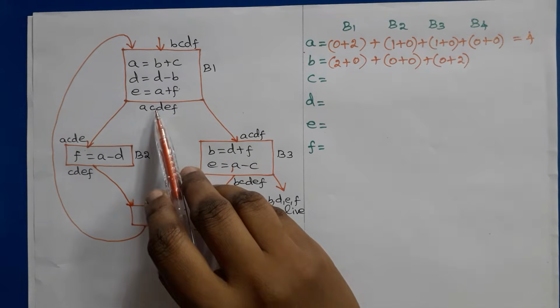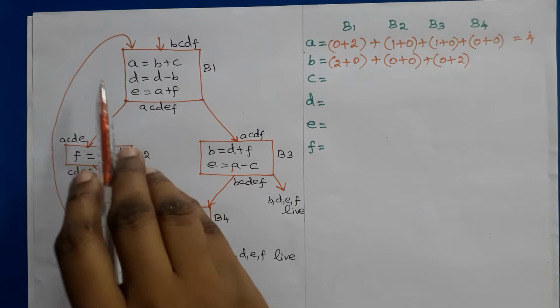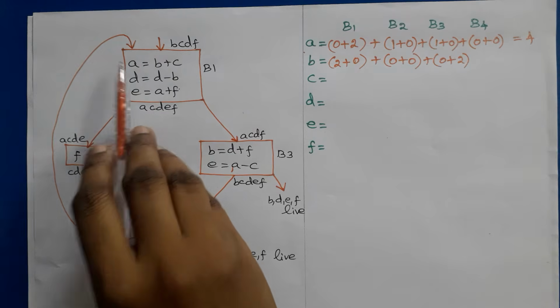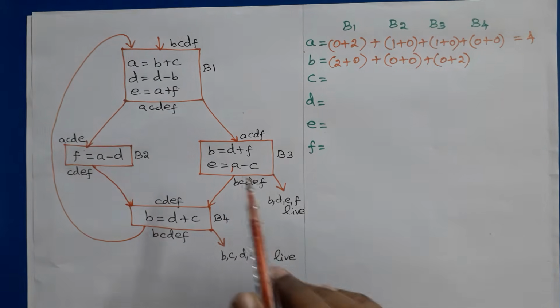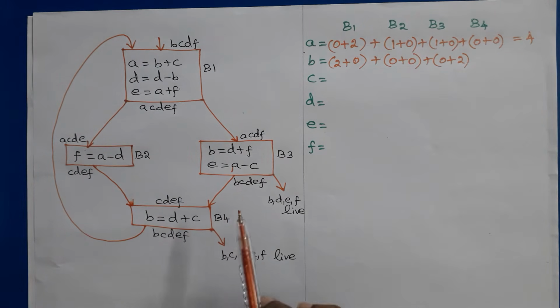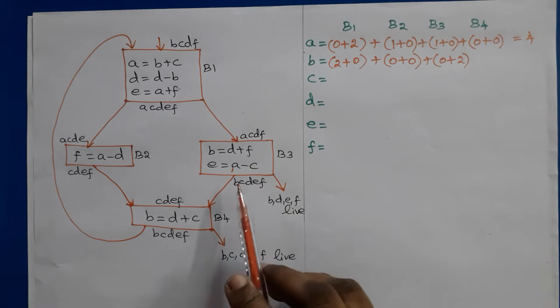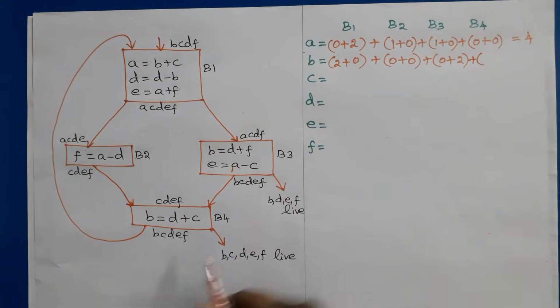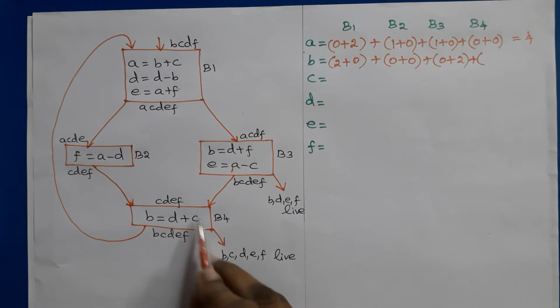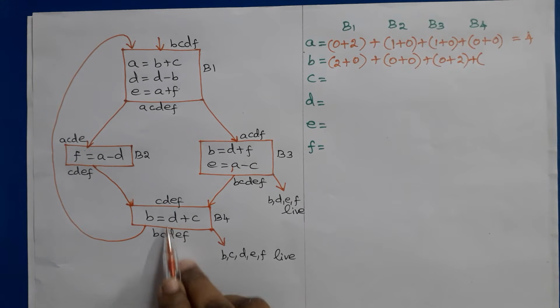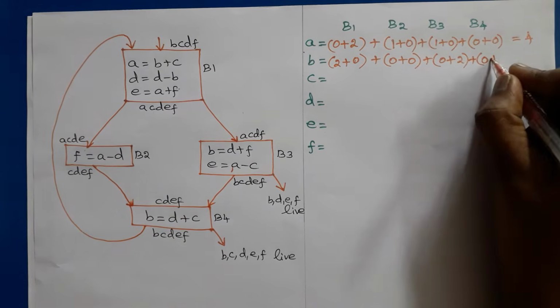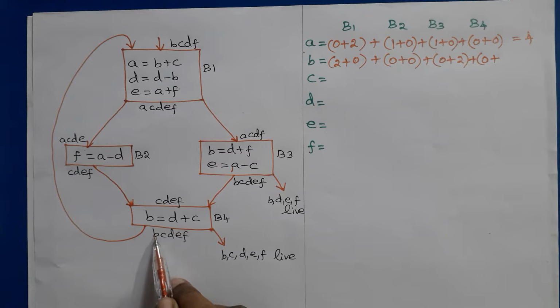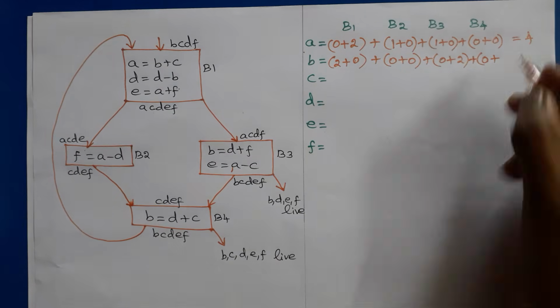So here, for use, we should check it is not preceded by any assignment. There is no assignment for b, but while calculating liveness, we have to check whether it is assigned a value or not. So in basic block B4, b is not used. Used means we have to check the right hand side only. So b is not used, so 0, and b is live on exit and assigned some value, so 2.